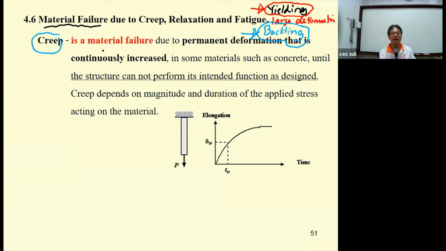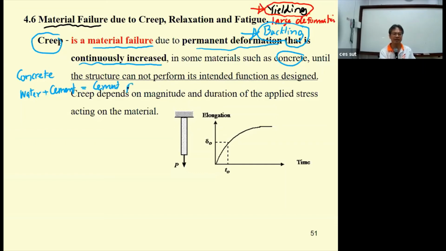Okay, we have creep. Creep is a kind of material failure due to the permanent deformation that continuously increases in some materials, such as concrete. Why? The concrete is mixed by water and cement, and water and cement combine together to be the cement paste.